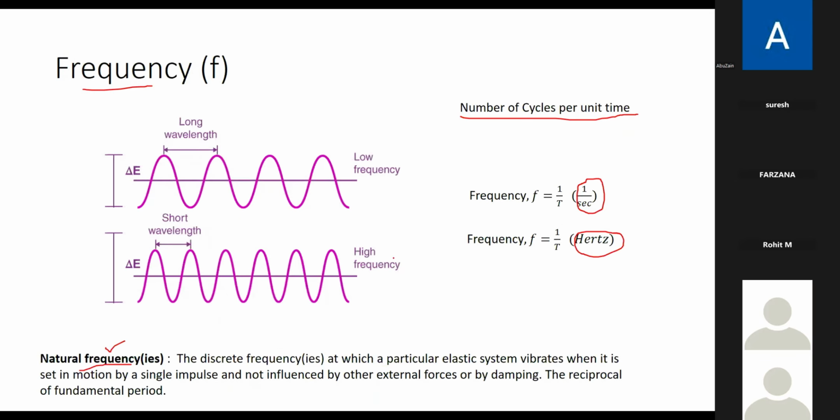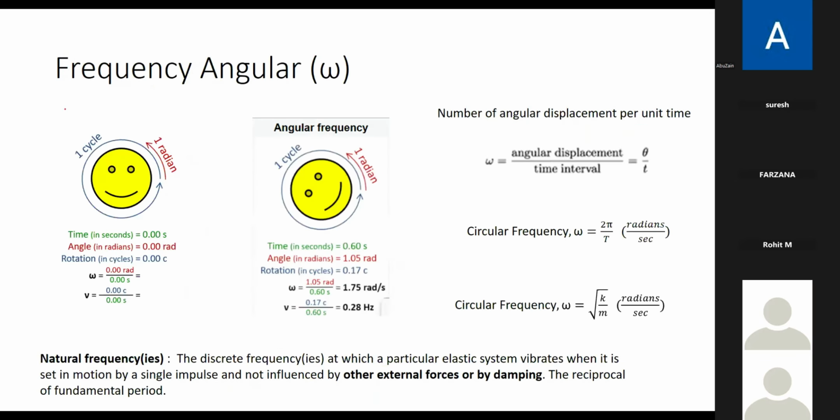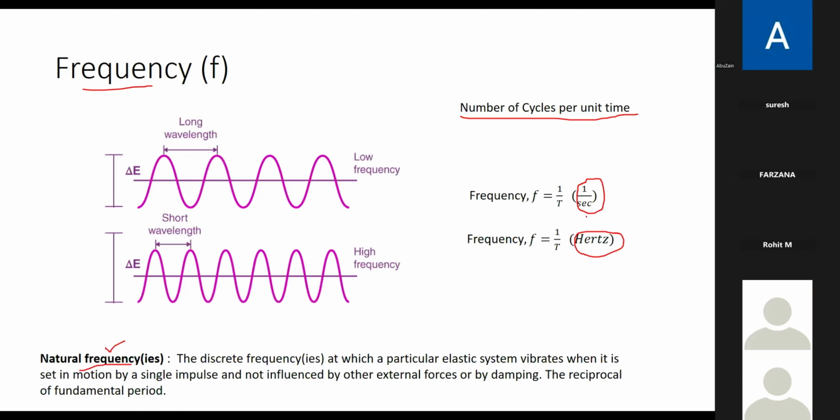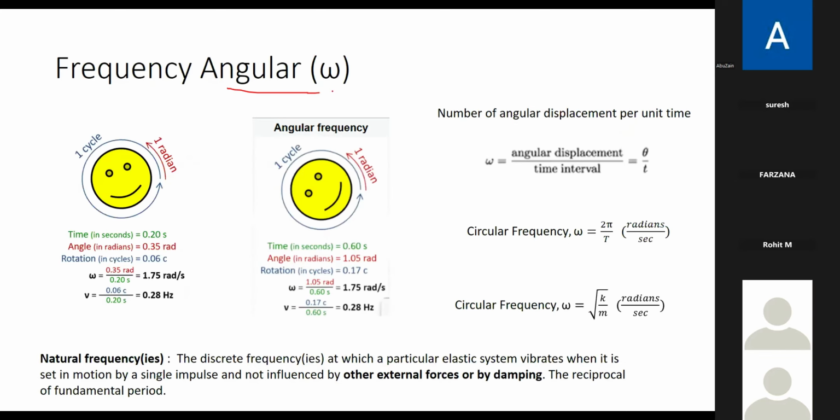Now frequency is another important thing. Here we measure for 1 second for one complete cycle, how much it goes from here to here. But in the case of angular frequency, we take how much angle it is deflected, theta, divided by time.